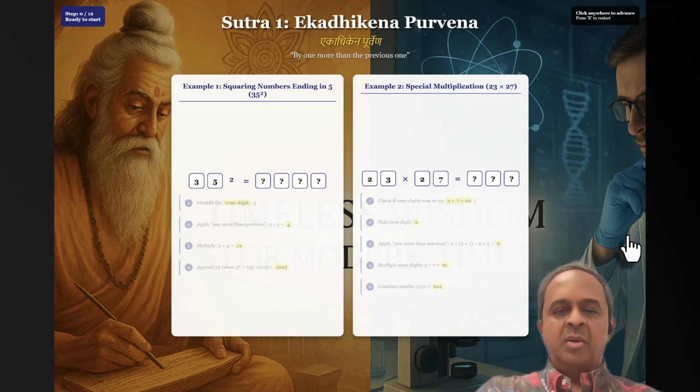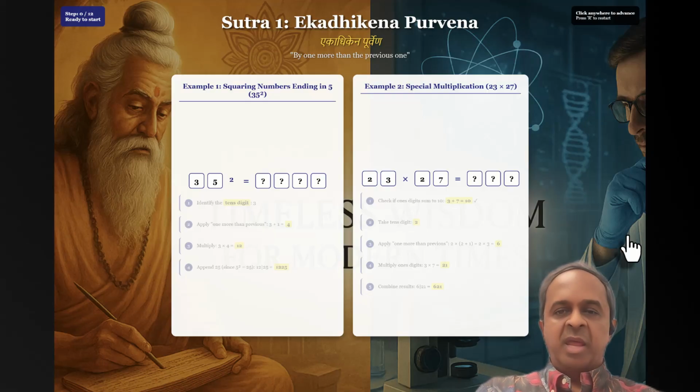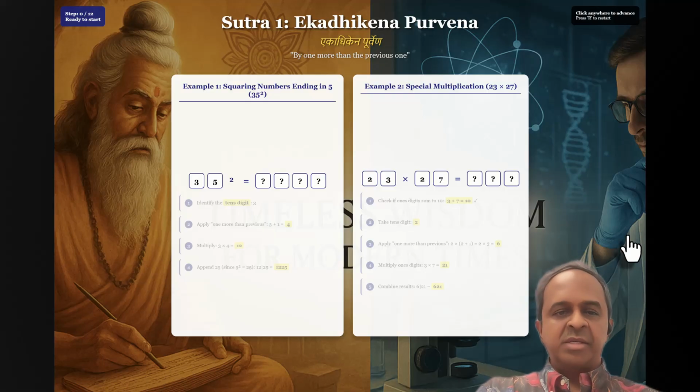In authentic Vedic mathematics, the principle reveals profound numerical patterns recognized by ancient sages thousands of years ago. These patterns allow us to bypass conventional calculation methods and achieve results with remarkable efficiency.